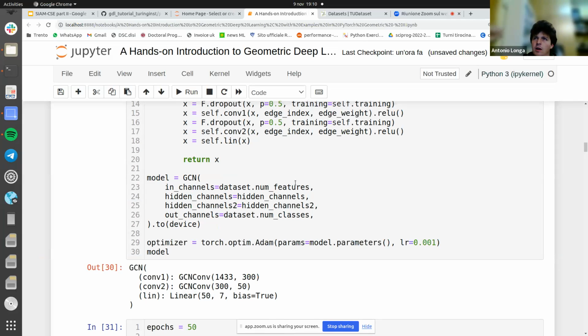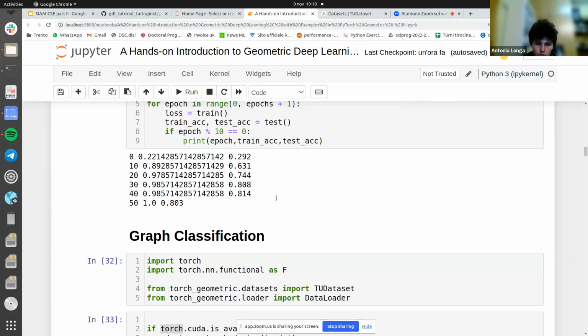So in this part, the feature has been pre-computed using a bag of words, an NLP algorithm that converts the information of the PDF of the article into a vector. And then we are using this vector as a feature of the node.